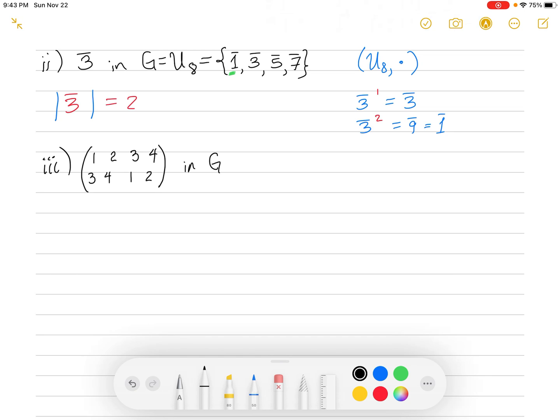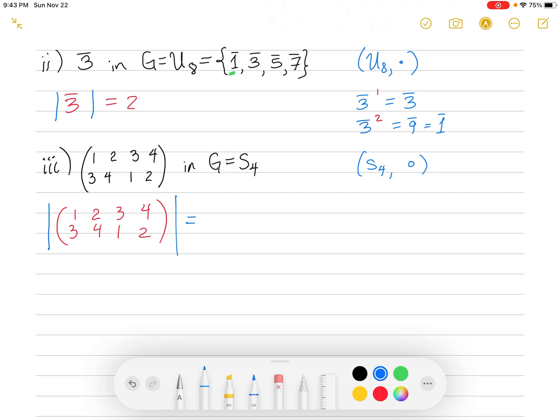And we want to look at this in S4, so all the permutations of 4 objects. S4 is under functional composition. That's our group. S4, comma, functional composition. So we want to find the order of this permutation.